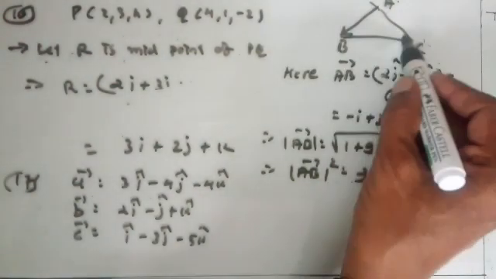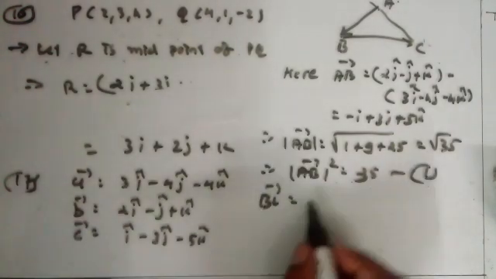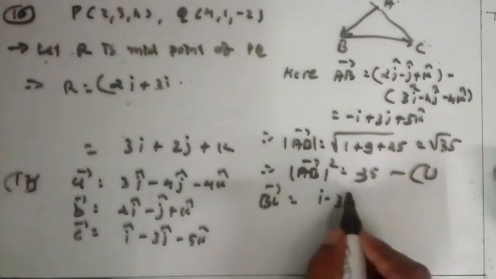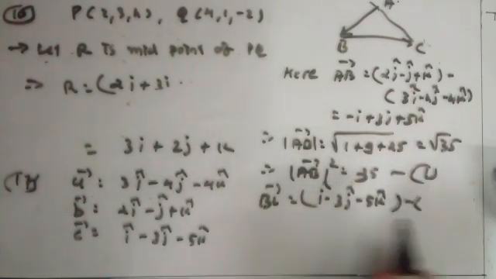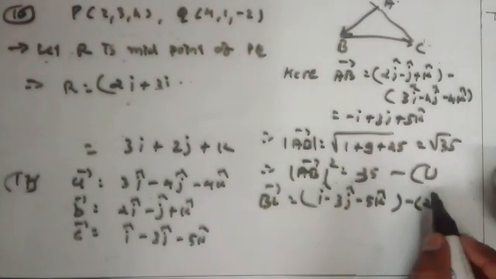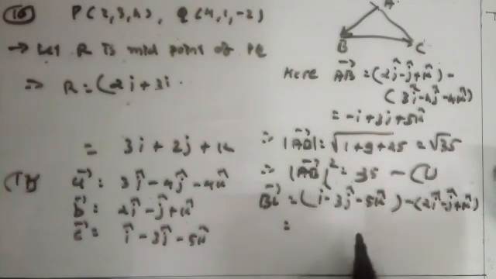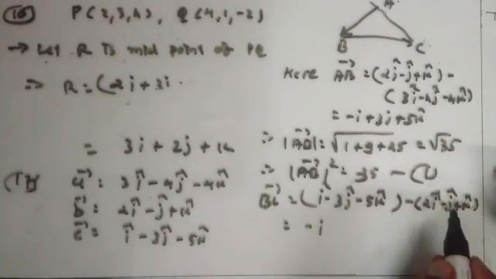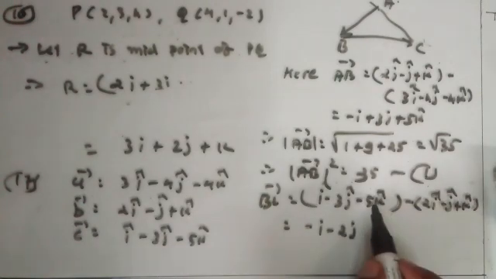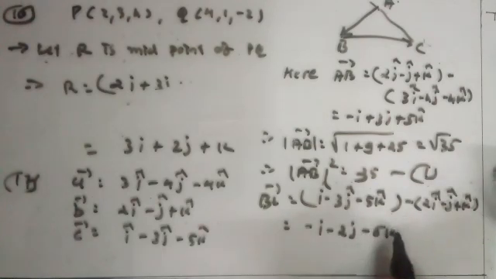Take this as result number 1. Similarly, find BC. Vector BC is equal to the position vector of C, i minus 3j minus 5k, minus B, 2i minus j plus k. Now simplify this: i minus 2i becomes minus i, minus 3j plus j becomes minus 2j, minus 5k minus k becomes minus 6k.